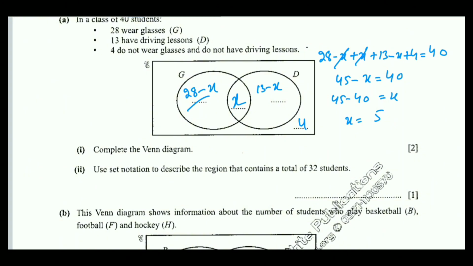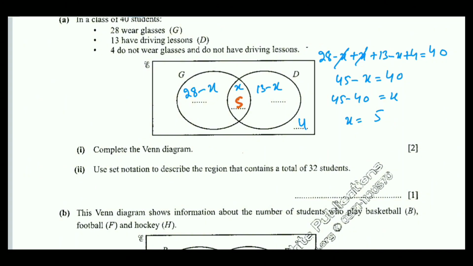Like, I will not erase it because you can see how we have to find the exact values. Here X is 5. We will write here 5. If it would be X, X is 5.